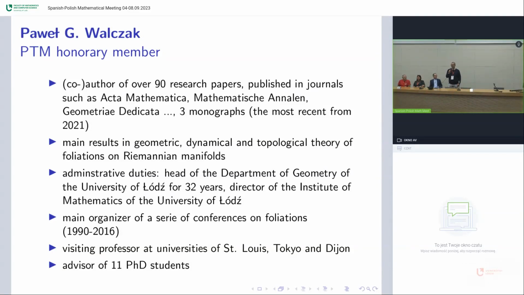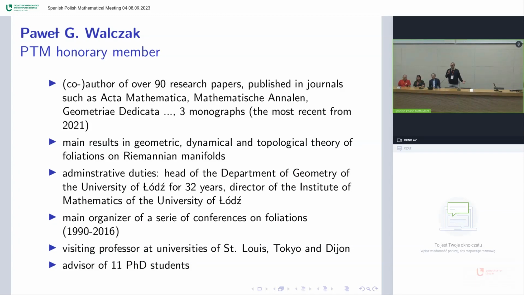Paweł Walczak is working mainly in the field of foliations, in any aspect of foliations: geometric, dynamical, topological, and any other. And he is the person who knows many aspects of contemporary mathematics, not only geometry and topology.